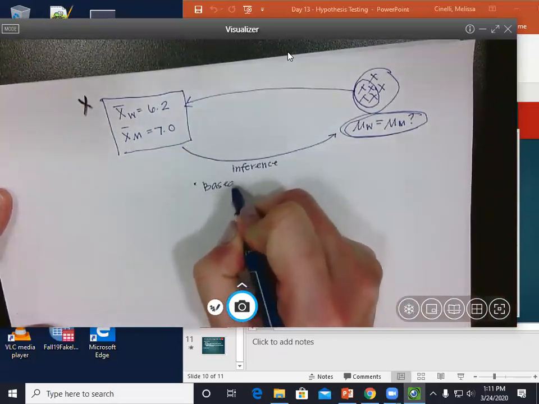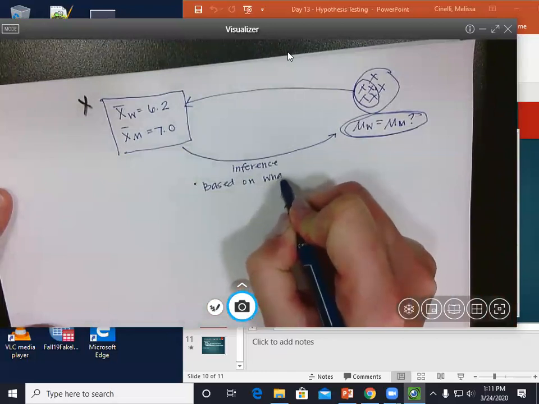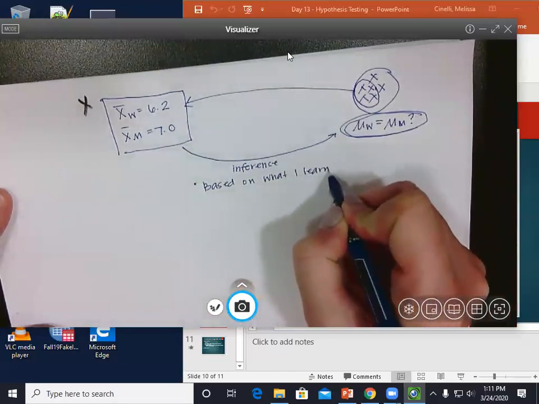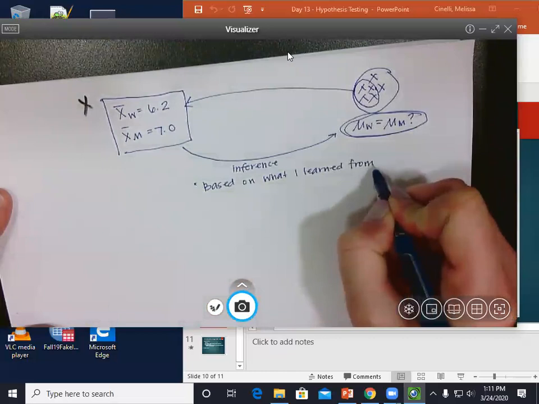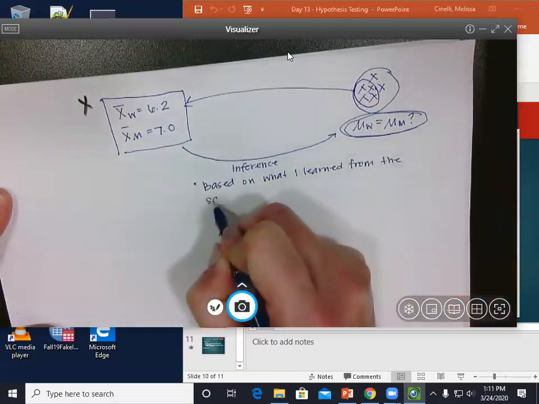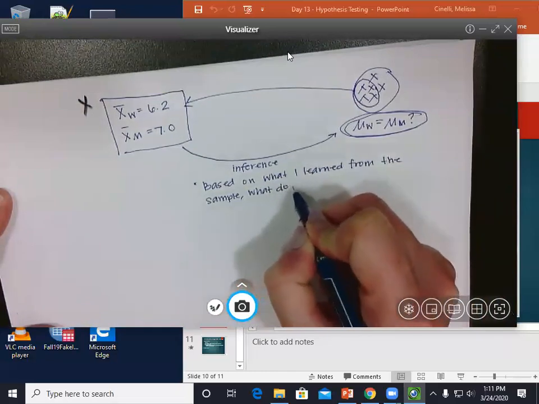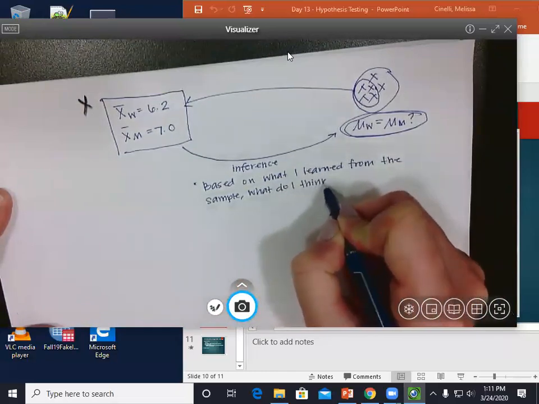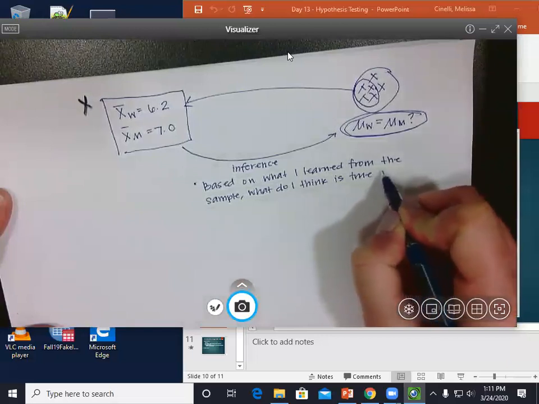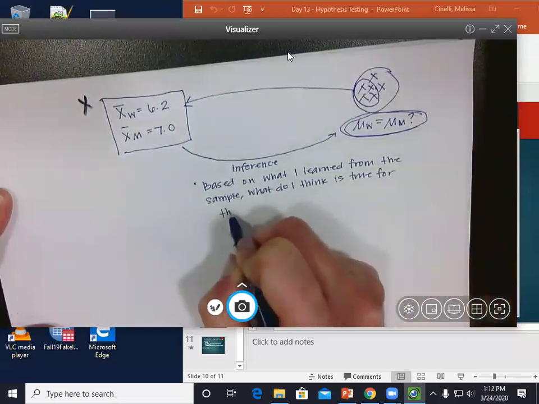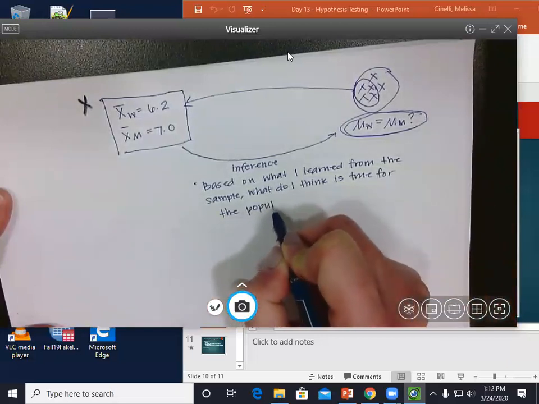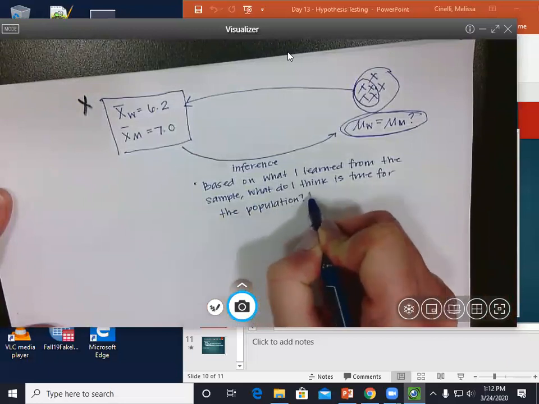Based on what I learned from the sample, what do I think is true for the population? All right, because our goal is always to know about the population.